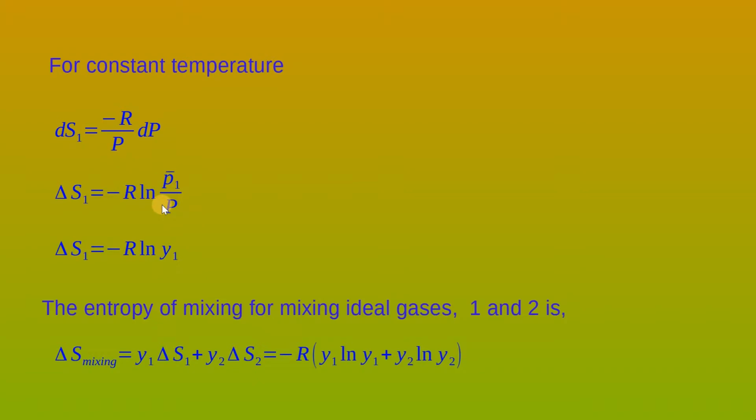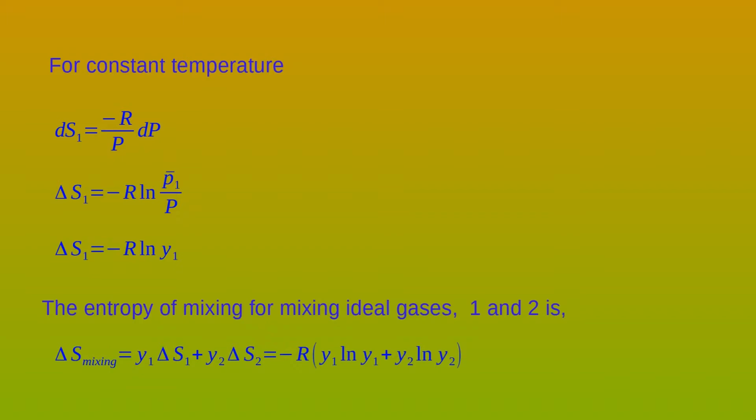Now when we mix two ideal gases at constant pressure and temperature, it should be noted that the final temperature and pressure of the mixture is going to be the same. But the individual components in the mixture are going to have partial pressures.